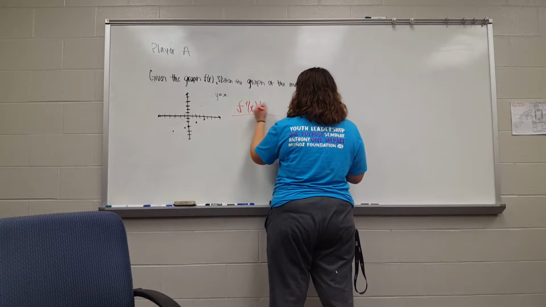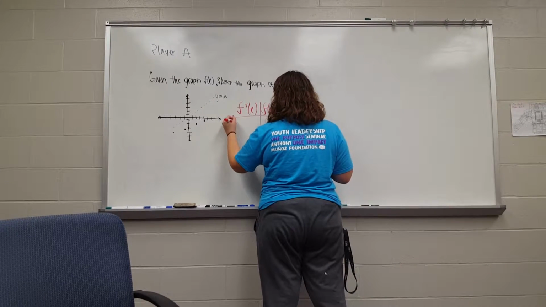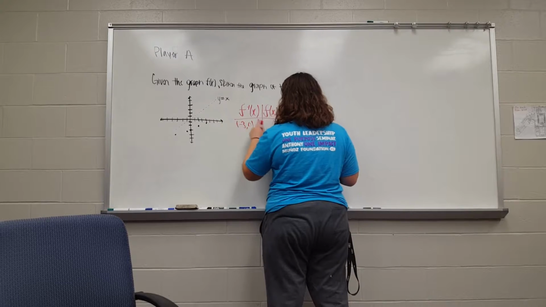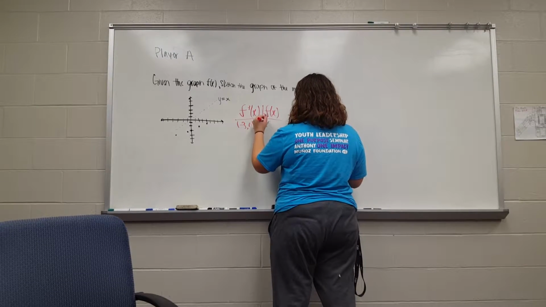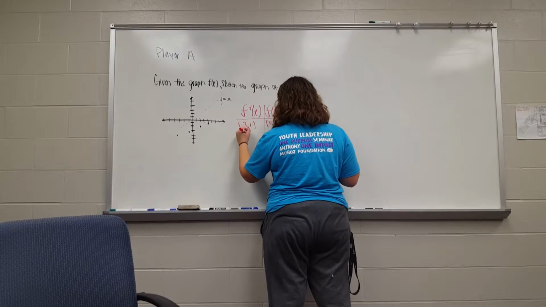And then regular. So you just kind of plug in numbers on this side, and then for the inverse, you'll write the opposite, so like that. Then you just make points.